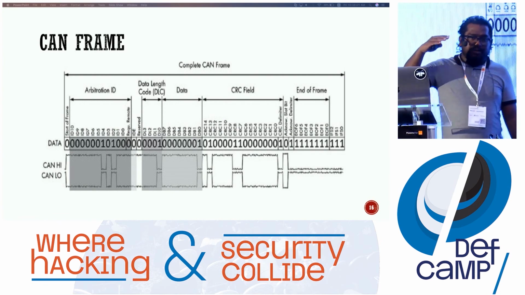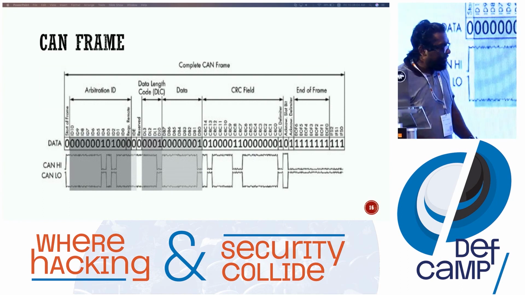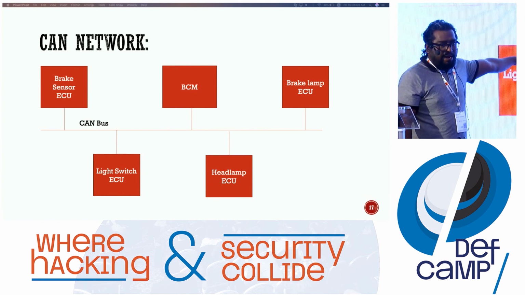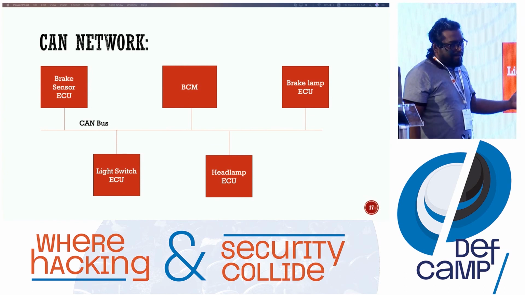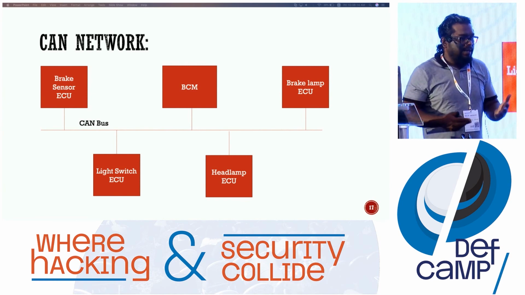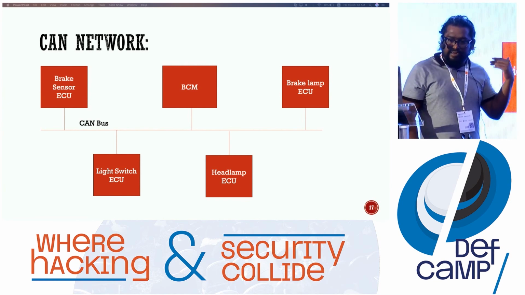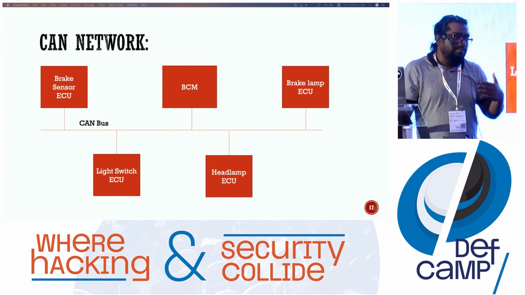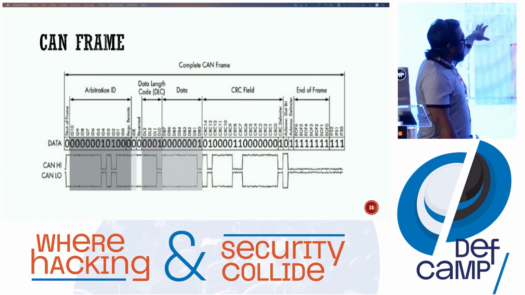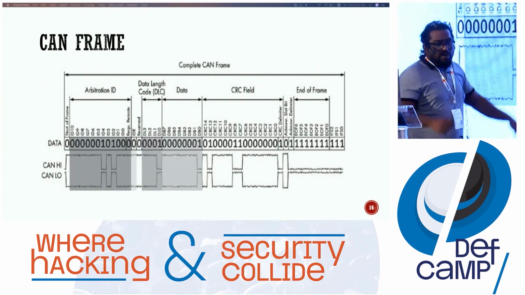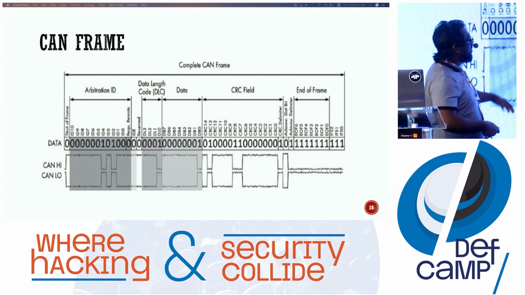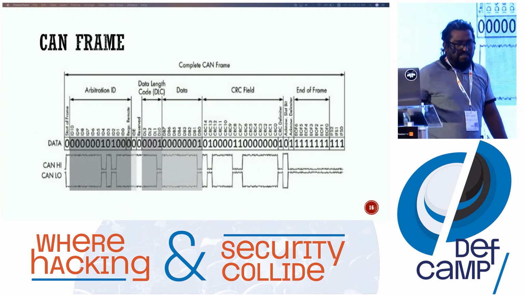If the arbitration ID is low, then the message has the highest priority on the CAN bus. Let's say the brake has a very low arbitration ID because it's an emergency. In an emergency, we push the brake, and that executes mechanically with the help of the ECU. So the arbitration ID of the brake would always be lower than other messages because it dominates other CAN messages.